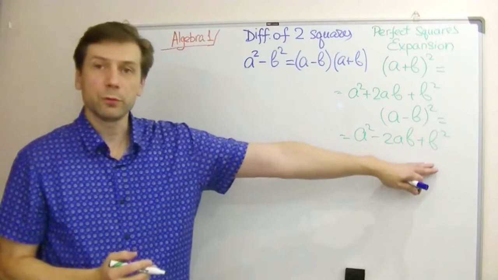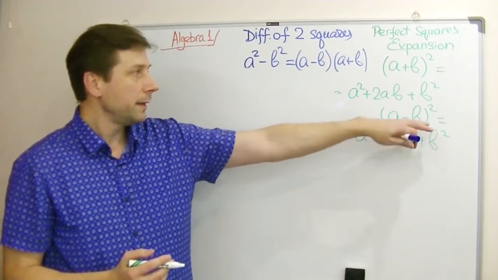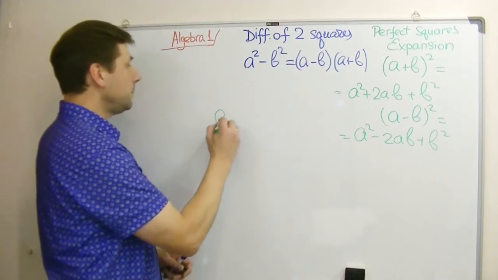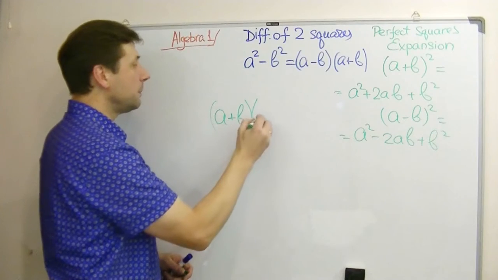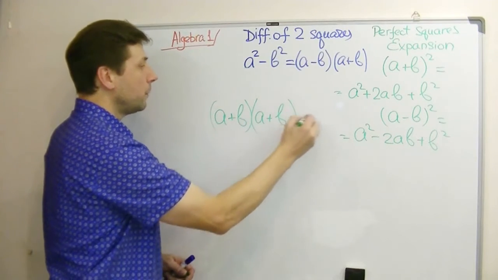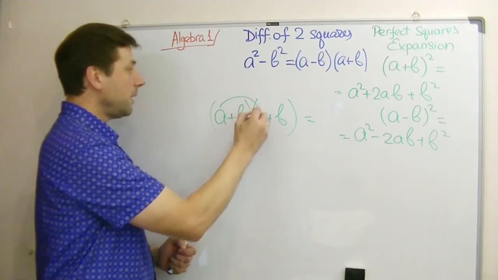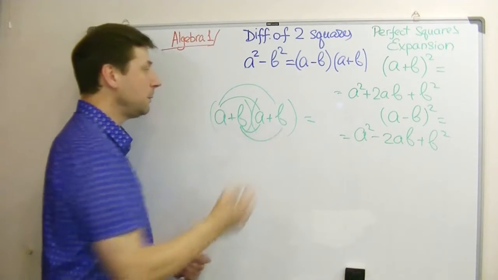How can we prove that this is the real equation? Again, let's go from the square in parentheses. A plus b squared is basically a plus b multiplied by a plus b, which we already did previously. A multiply a, a multiply b, b multiply a, and b multiply b.